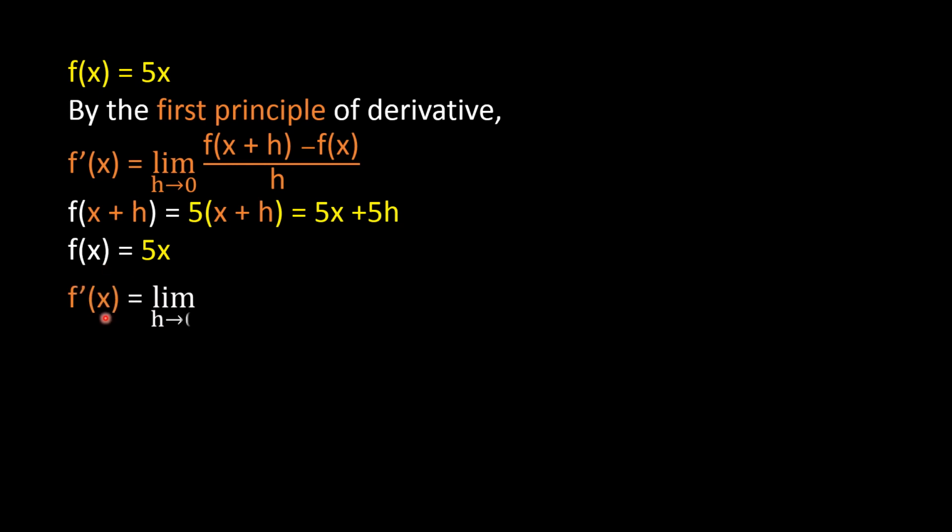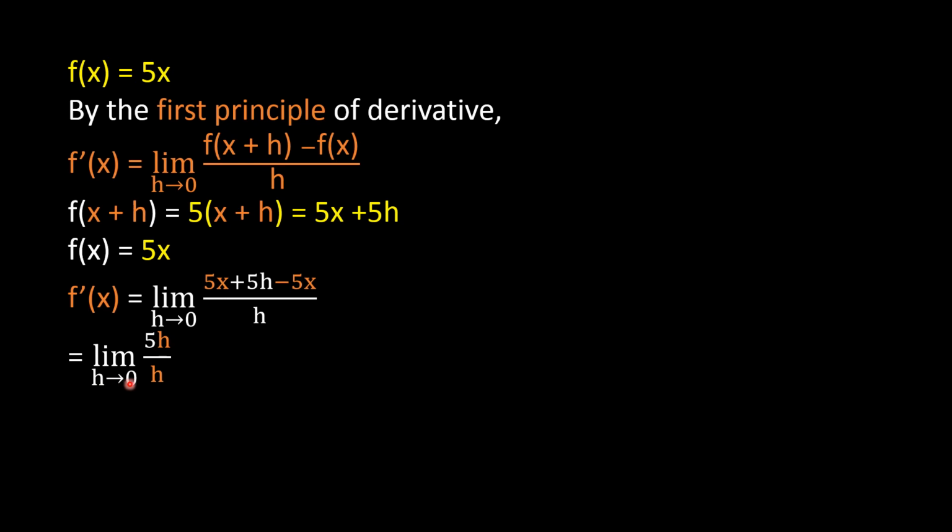So therefore f dash x will be limit of f of x plus h, which is 5x plus 5h, minus f(x), which is 5x. So 5x minus 5x will be 0. So we get 5h divided by h.